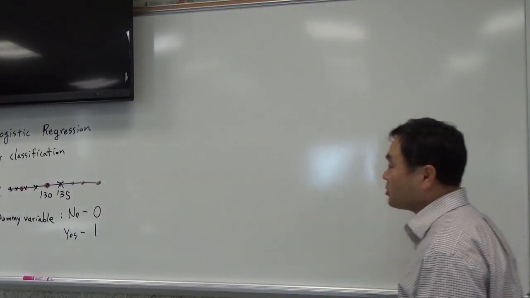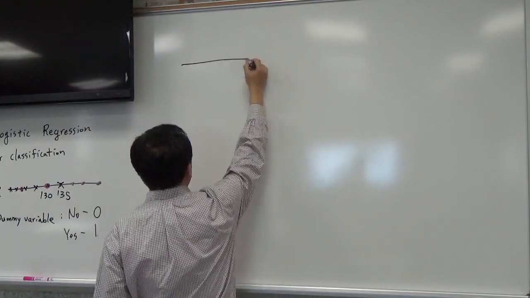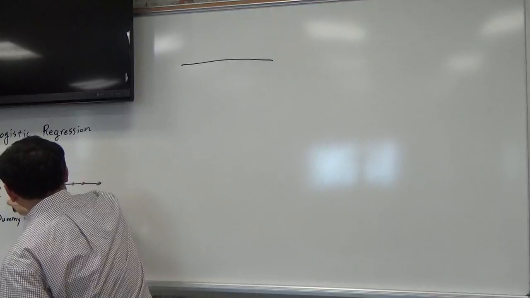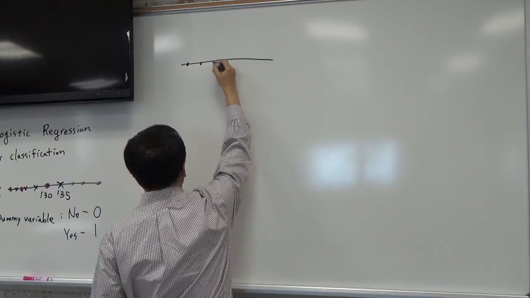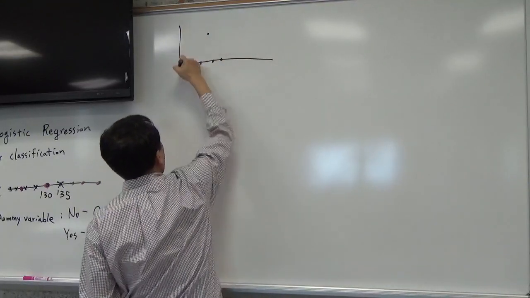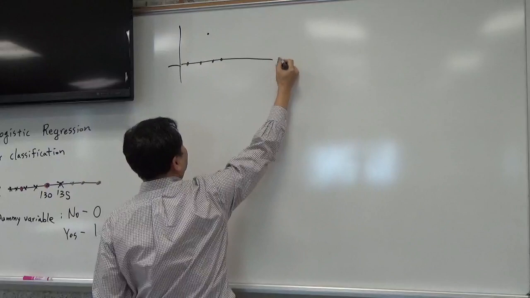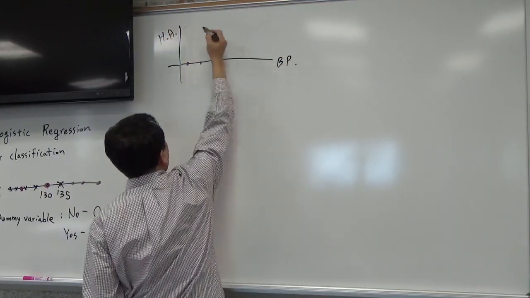All right, so once you have that, then think about what the picture will now be. These will be zeros because there's no heart attack, right? But occasionally you're going to have 1. So this will be the blood pressure axis, and this will be the heart attack axis.